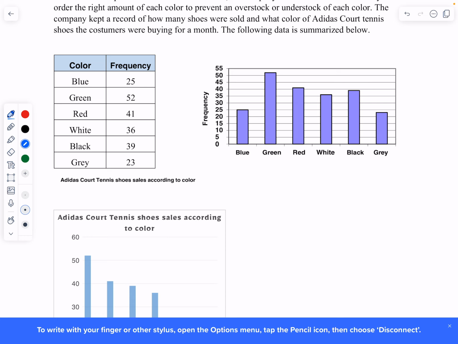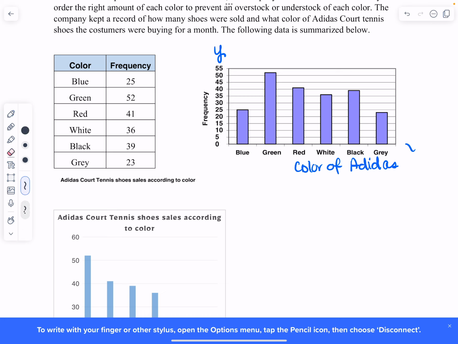So just remember that the raw data in this case is the color, and the frequency is how many times that color was ordered. So again, your y-axis is showing you the frequency, and then the x-axis is the color of Adidas court shoes.